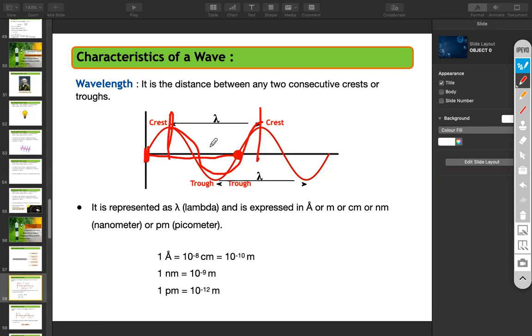It is represented by lambda, one of the most important characteristics of a wave. It is measured in meter, centimeter, nanometer or picometer, or in angstrom. Any doubt?